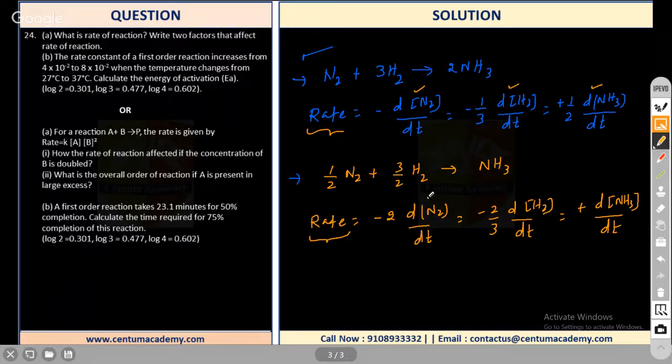This is again with respect to N2, H2 and NH3.